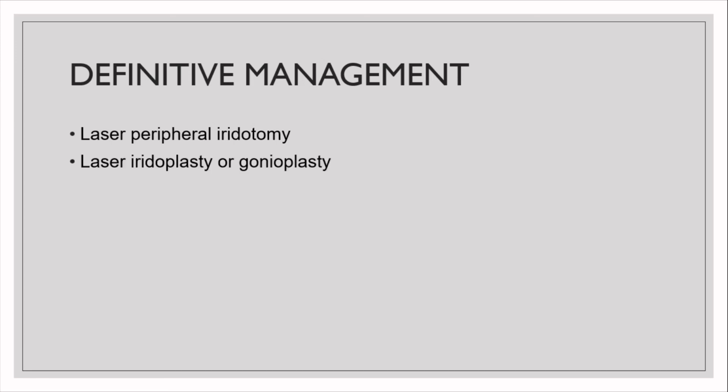And then there is also laser iridoplasty or gonioplasty, which is basically fixing the angle between the iris and the trabecular meshwork so that it becomes wider. And also, if applicable, we can do lens extraction surgery for ectopic lens, or if the lens is really a major factor in angle closure.